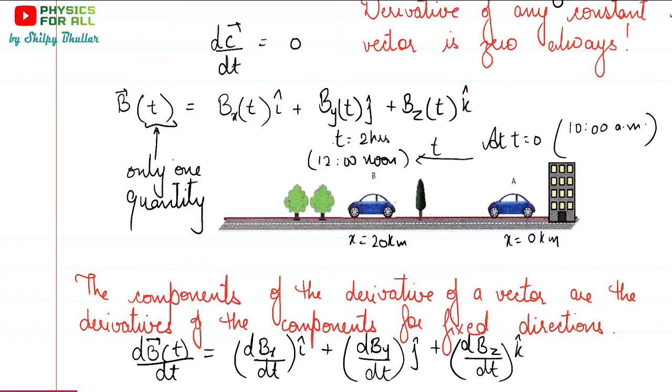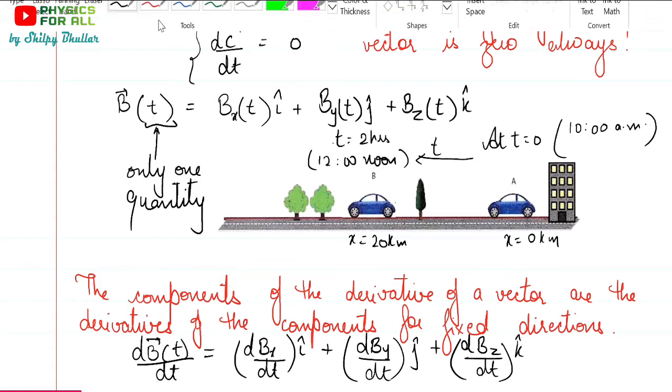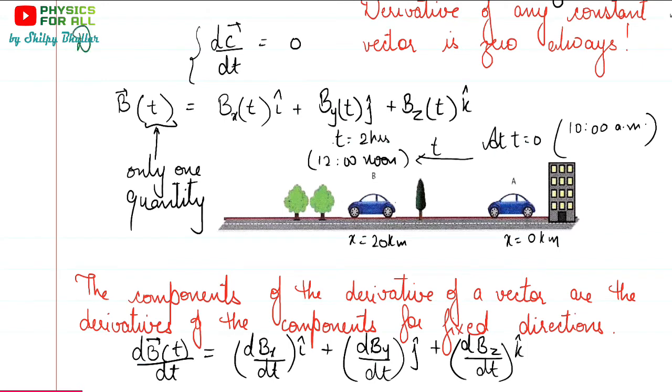But what if the vector function depends on more than one quantity? In that case, what we take is partial differentiation. With respect to t, this is a complete differentiation; we simply call it differentiation, because a single quantity is involved. It's just time and nothing else: C depends on time or B depends on time, and we are taking the derivative.